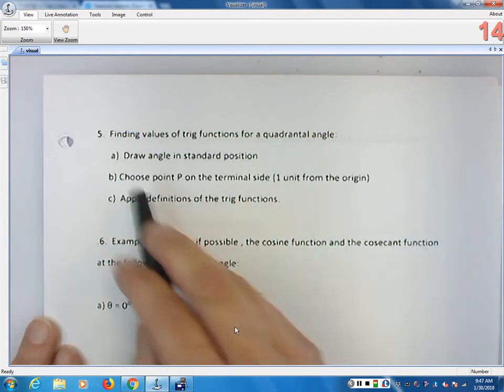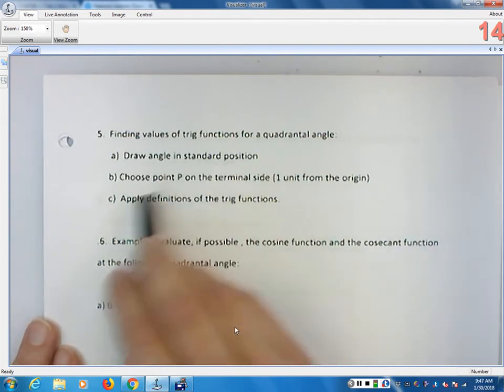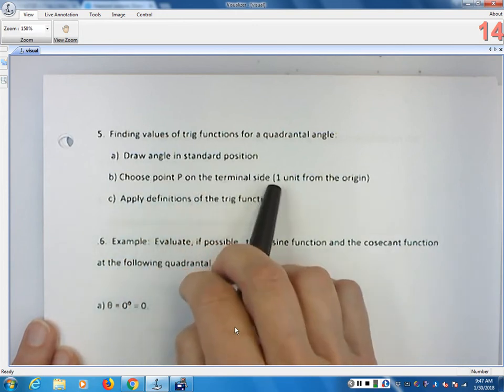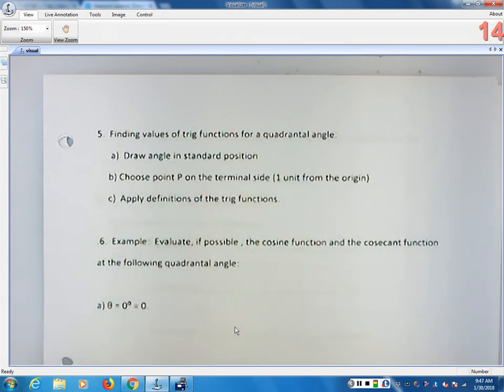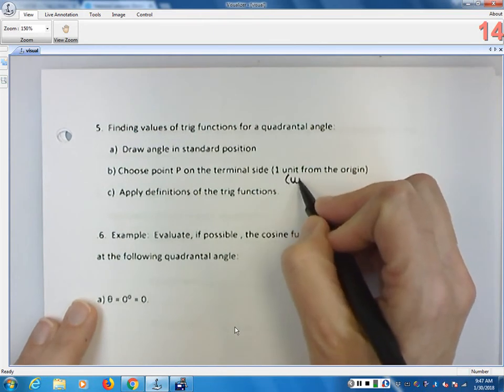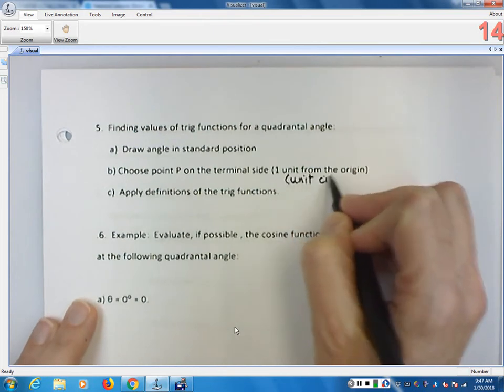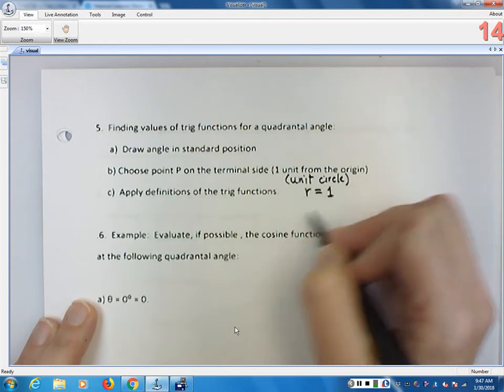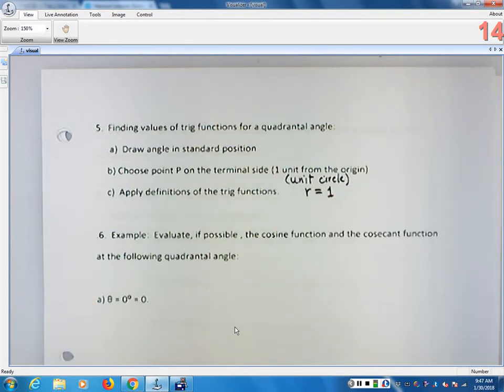You're going to draw your angle in standard position. You're going to choose point P on the terminal side, 1 unit from the origin, so I guess we are going to use the unit circle, and that will mean that r will be 1. We're just going to pick r equals 1.